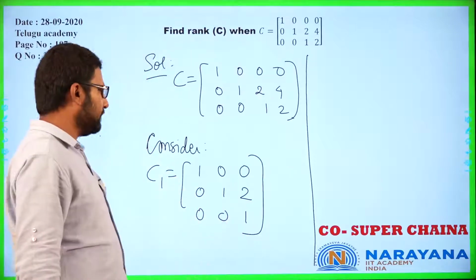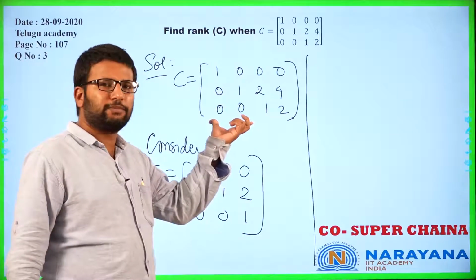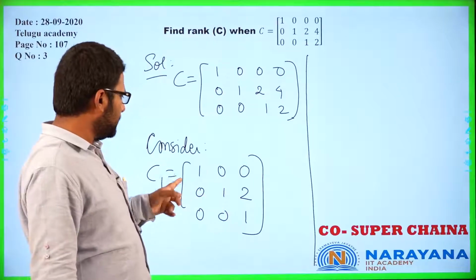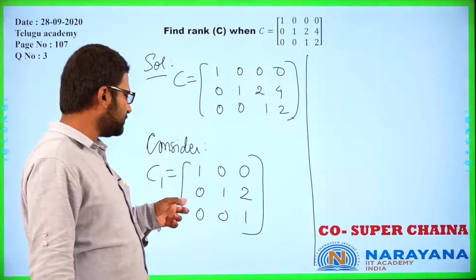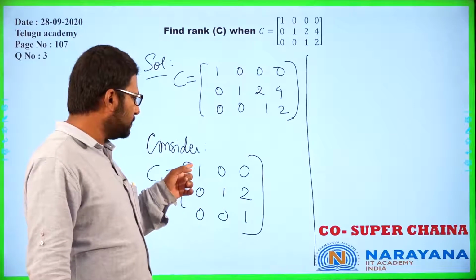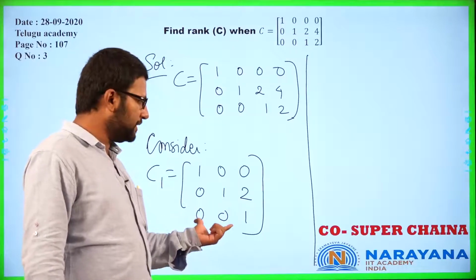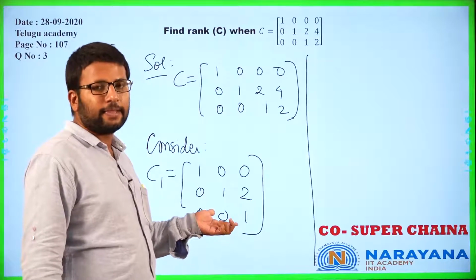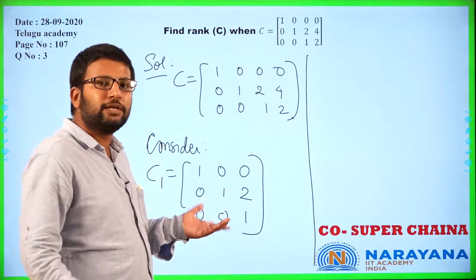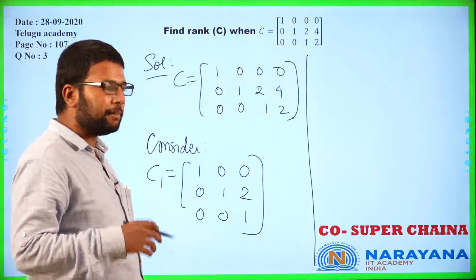Why are we taking this? Because mentally we can look at this submatrix and say there are so many zeros, which means when I expand along, let's say R1, I will only have 1 into 1 minus 0, which means this determinant is clearly going to be 1, and which means it is a non-singular submatrix.